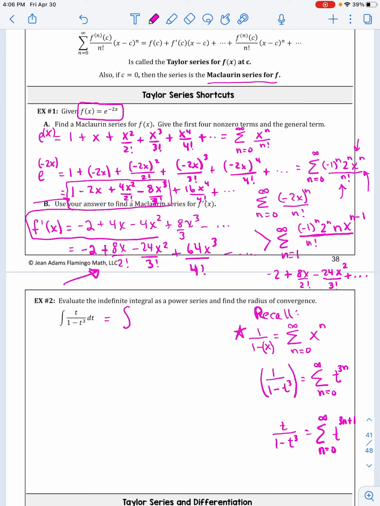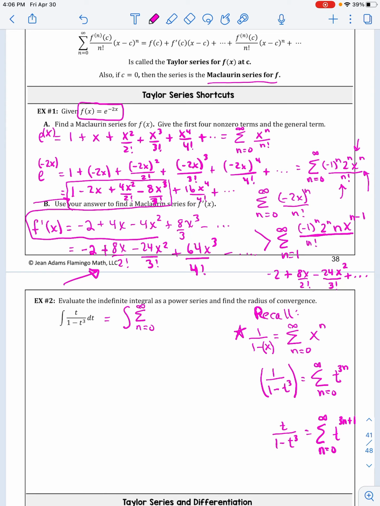And so this is something that we are asking. There are a few of these Maclaurin polynomials that we want you to memorize, and this happens to be one of them.